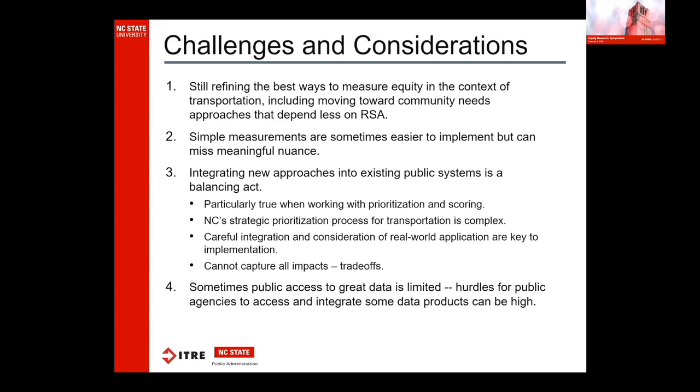So there may be hurdles to integrating data into existing structures if access to that data is not uniformly easy. It presents a hurdle for implementation, but also should serve as a broader discussion point for the usefulness of broadening data accessibility moving forward.